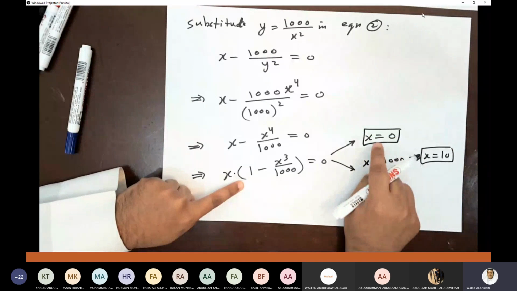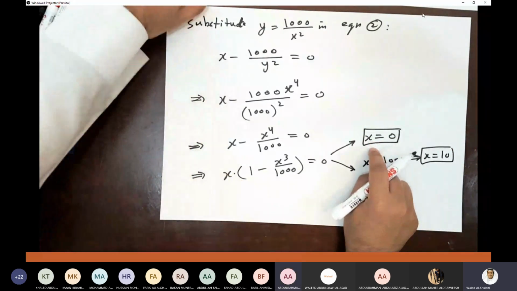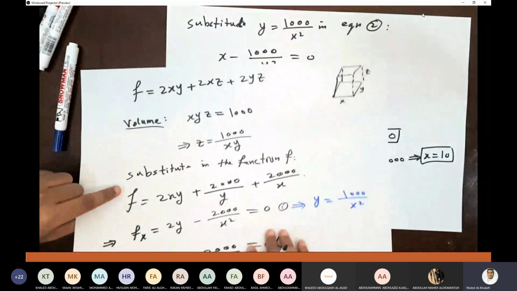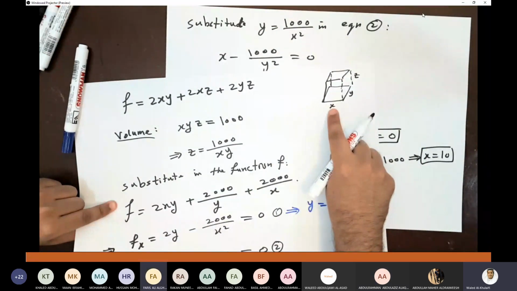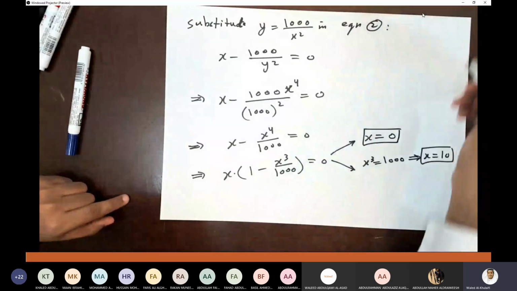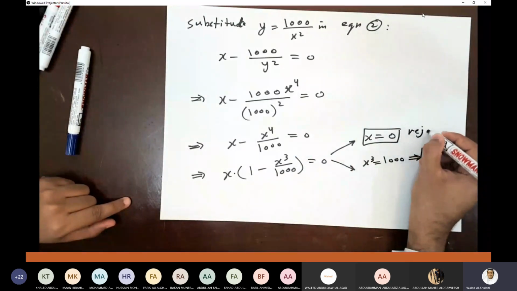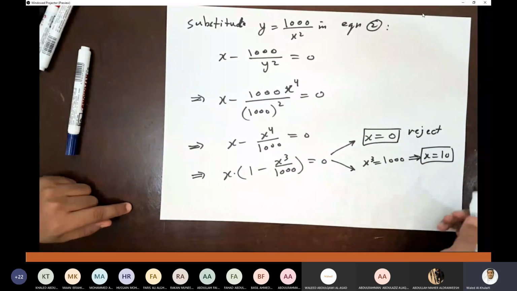Can we accept x equals 0, Shabab? No, we cannot, because it is the length of the box, so we cannot accept length 0. So this will be rejected. We take this.